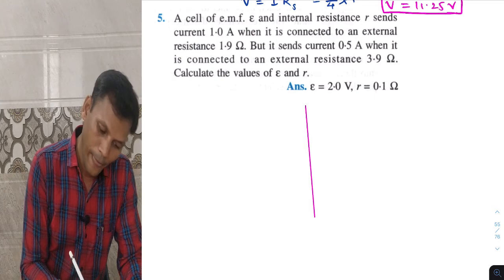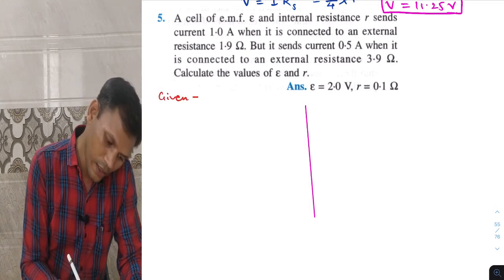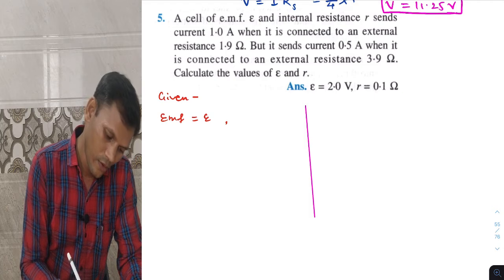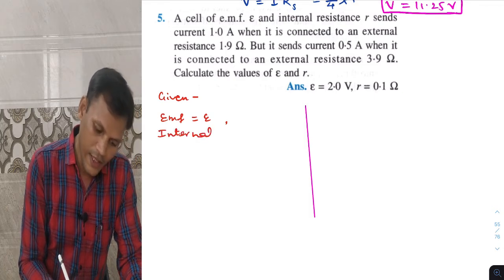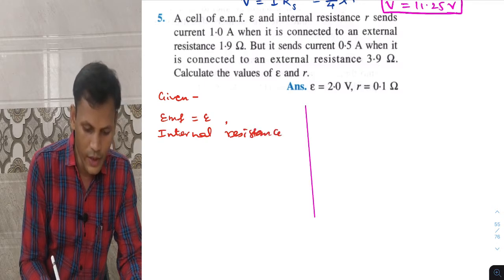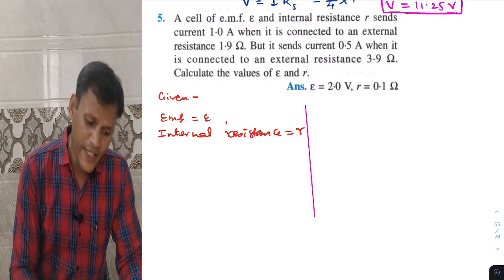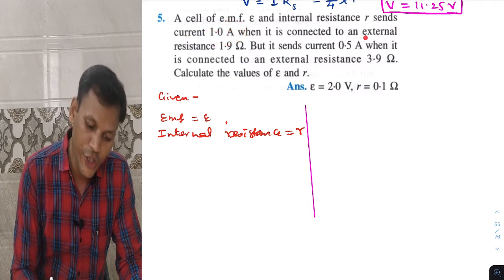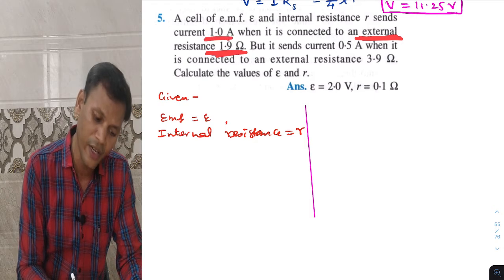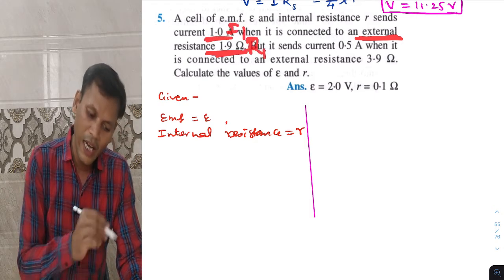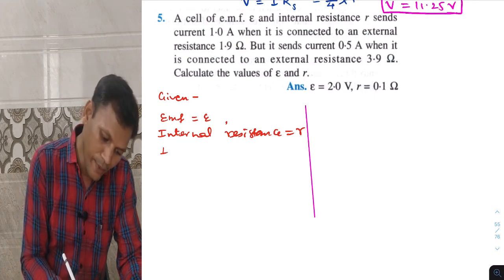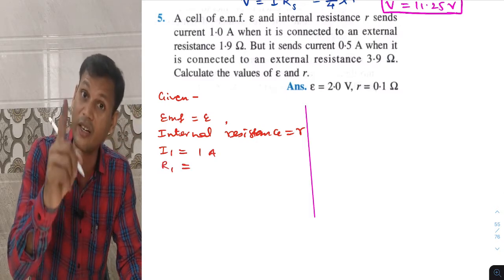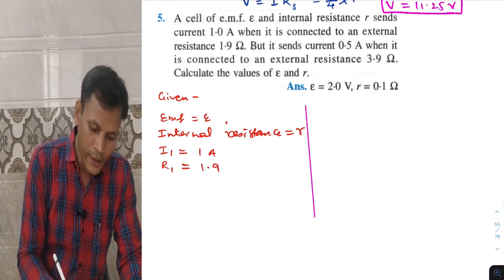So given: EMF is equal to E, internal resistance is equal to small r, sends a current of 1 ampere, current I1 I will say, I1 is 1 ampere, and external resistance capital R, I will say it as R1. So R1, external resistance, is 1.9 ohm.